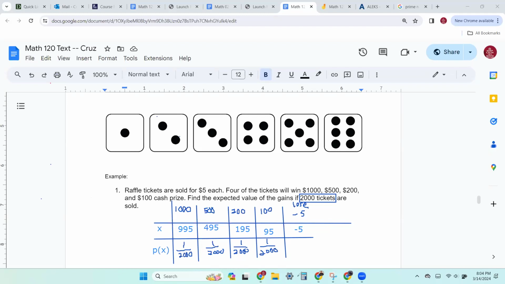For this last one, there's still 2,000 tickets. But how many losing tickets are there? If there's 4 winning tickets, how many losing tickets are there? 1,996. Exactly.